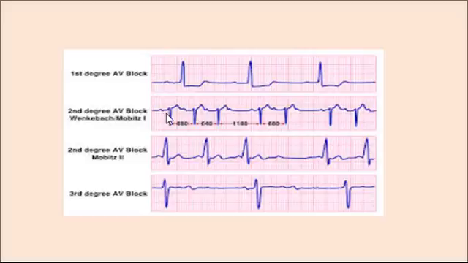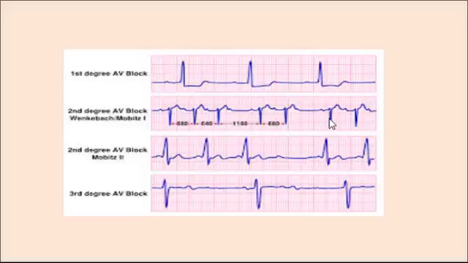We'll say it's 0.28 roughly. And then you look here and it's probably 0.30. And then it gets longer here and then it drops. And you have a PR, then it's longer and it drops. A lot of times you might see a PR of 0.22, 0.24, 0.26, drop. So Wenckebach, or second degree AV block type 1, is where your PR gets longer, longer, longer, drop, longer, longer, longer, drop.